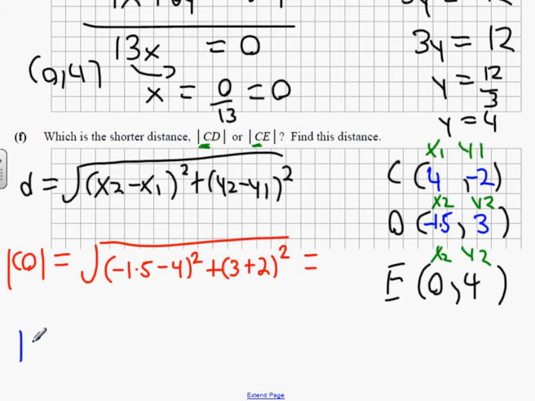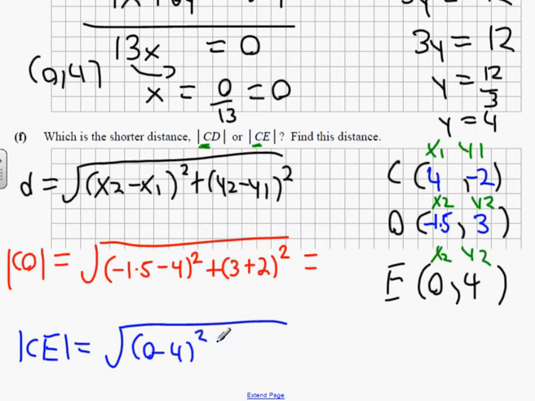In the meantime, I'm going to do CE. CE once again: x2 is 0 minus x1, and then y2 minus y1. Can somebody do the red one? Who's on the red one? Hands up if you're able to do the red one. Okay, Josh and Higgins. On the blue one, can I have Josh on blue?